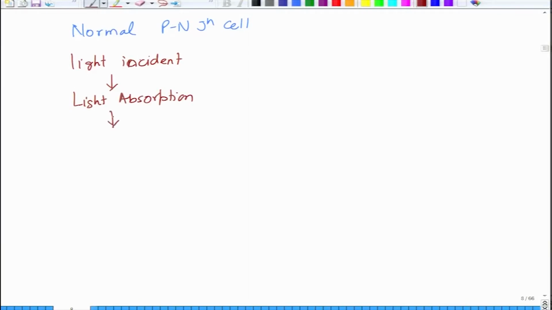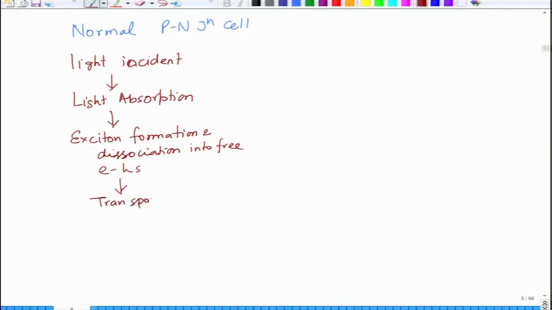After light absorption, you have exciton formation and dissociation into free electrons and holes. After this, we have separation of charge, so you have transport of charges, and after transport you have collection at the electrodes.